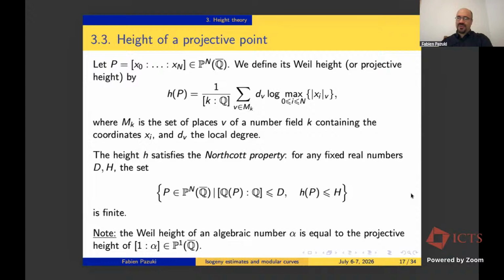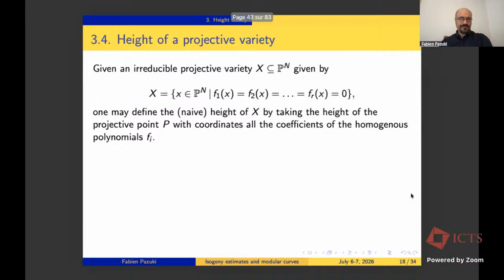So let me start with a very naive idea. So now I move to projective varieties. I mean, you normally restrict to irreducible, and then if you have several components, you add up, or you take a max or something. So I'm in the irreducible projective setting.